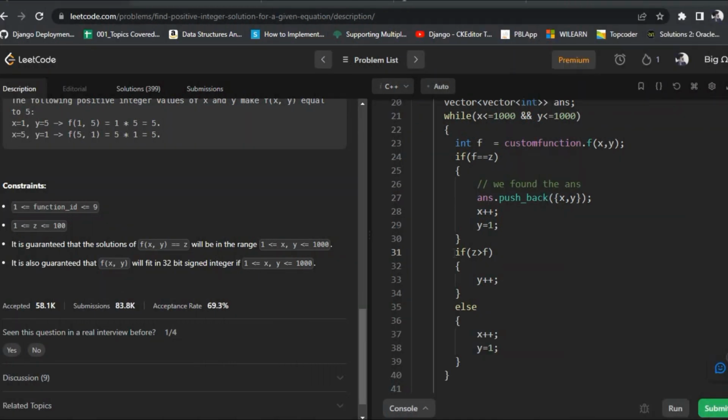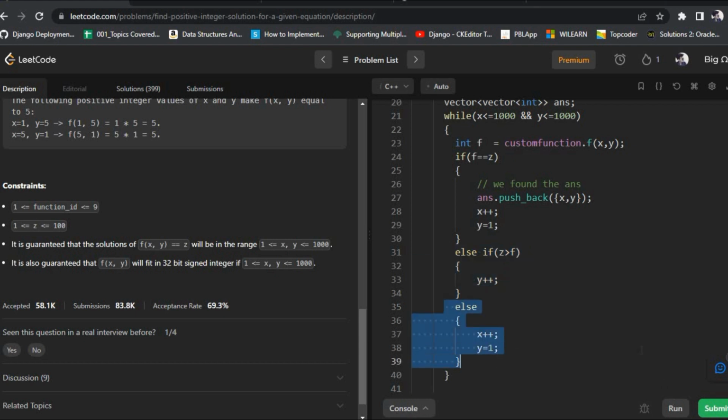Actually the problem is that here we are using an if else condition, but we forgot to give else if here. First this will check this, and if this condition fails, then the next condition will run, and after that the other condition will run.